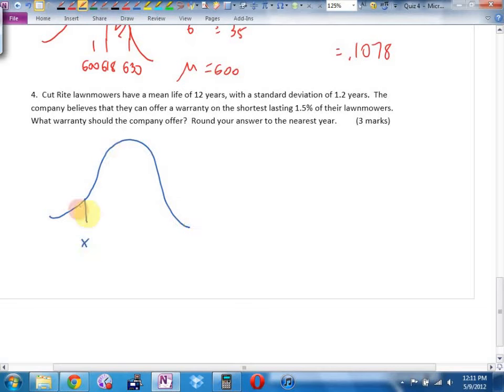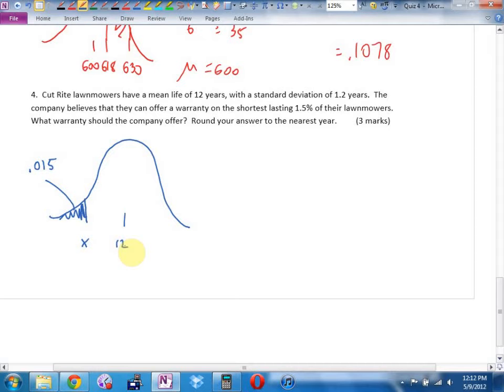I don't know how long those lawnmowers last, but I want the area to the left to be 0.015. That's what 1.5% is. And I know the mean is 12. Here they're giving me an area. So what am I going to do here? Well, now I'm going to use that inv norm, going backwards. Inverse is another word for backwards if you're looking for a way to remember it.